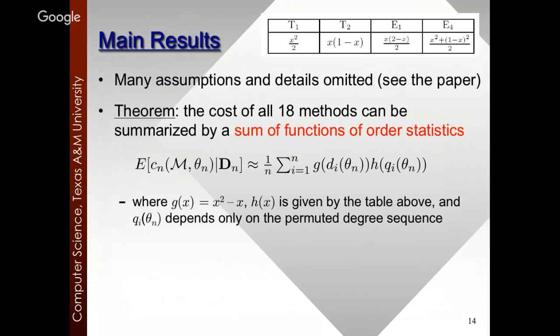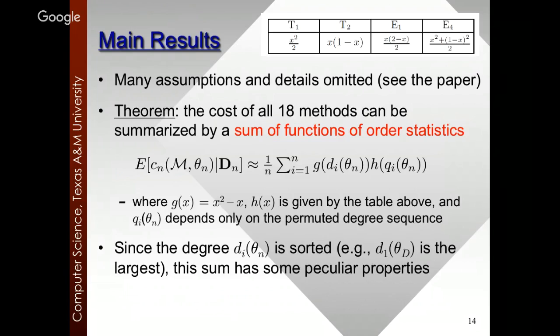For example, for T1 it is x squared divided by 2, and for E1 it is different. And q_i depends on the permuted degree sequence, which tells the probability of the neighbors of a node i that have smaller IDs than itself, which is to say, the ratio of its neighbor list being its R degree.